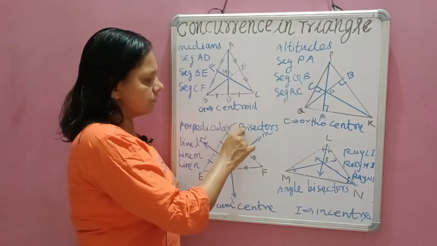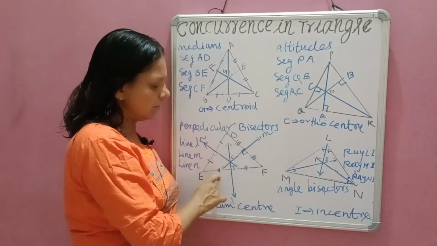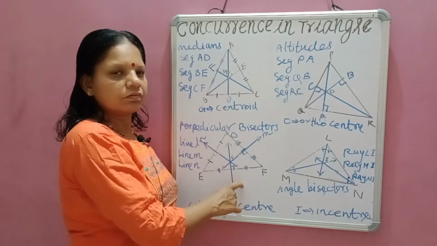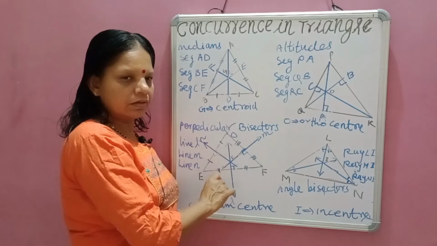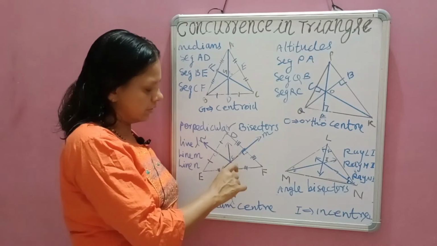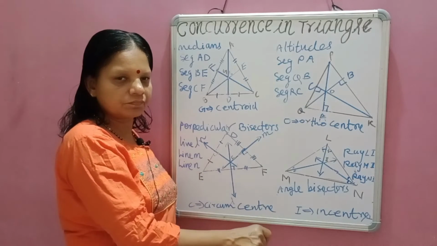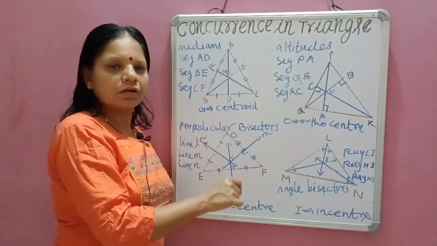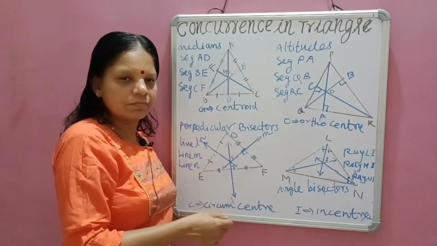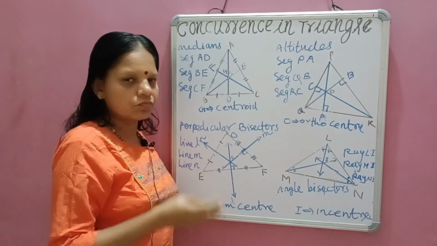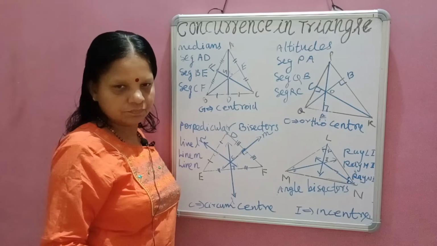Perpendicular bisectors of the sides of a triangle intersect at a single point. What does it mean? How many perpendicular bisectors will be there? There are three sides, therefore three perpendicular bisectors.